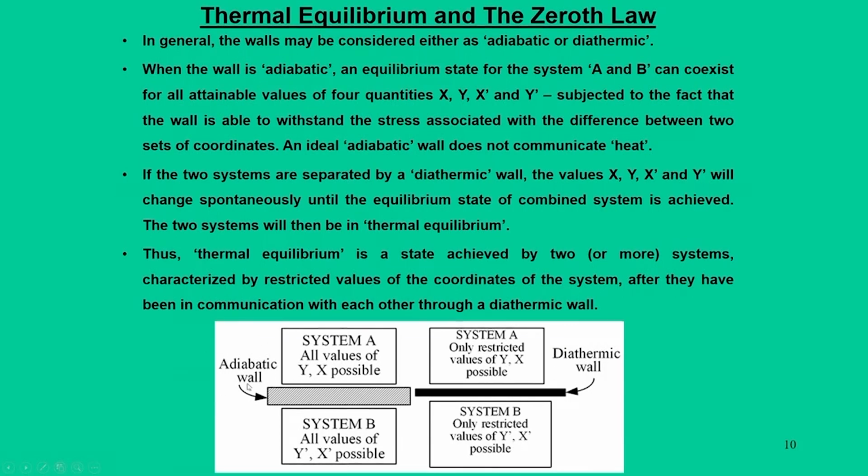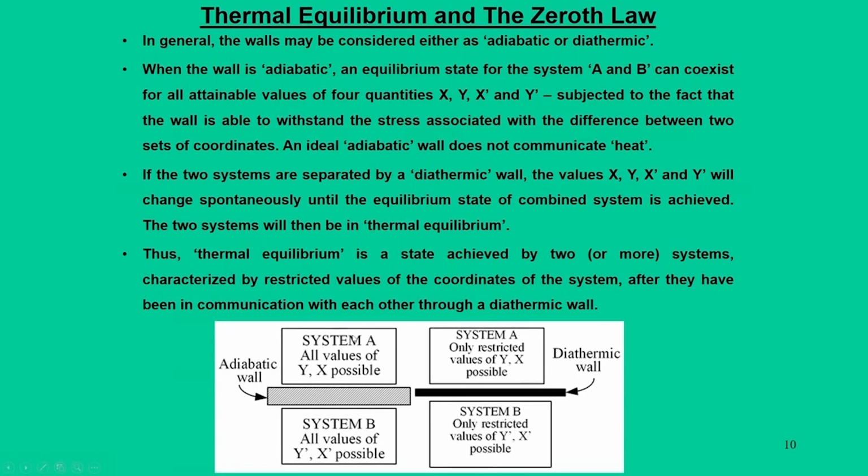The word adiabatic refers to the fact that communication of heat is not possible, but in a diathermic wall communication between systems A and B is possible through heat transfer.